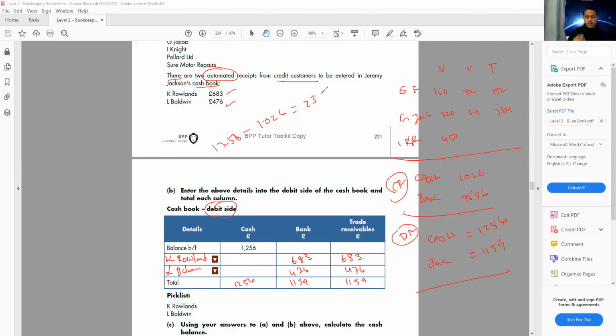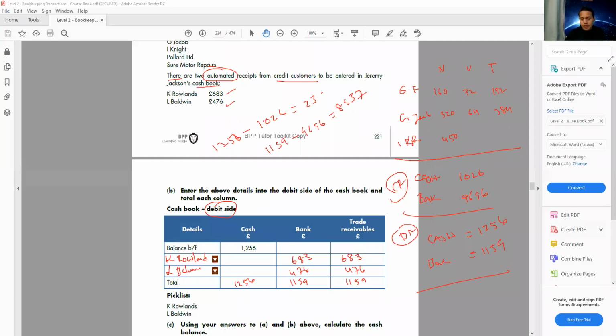Very well done, Nehal. And if I ask how much is the bank balance, the cash book debit side we have 1159, and the cash book credit side 9696. That is minus 8537 credit. Very well done. 8537. Very, very good.